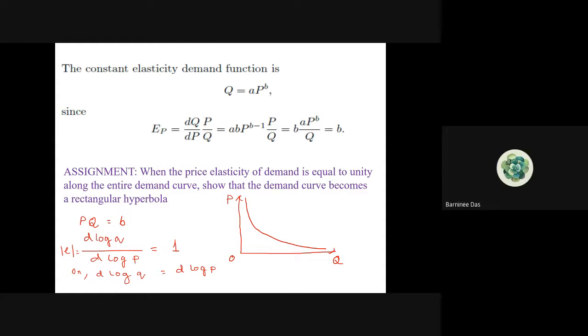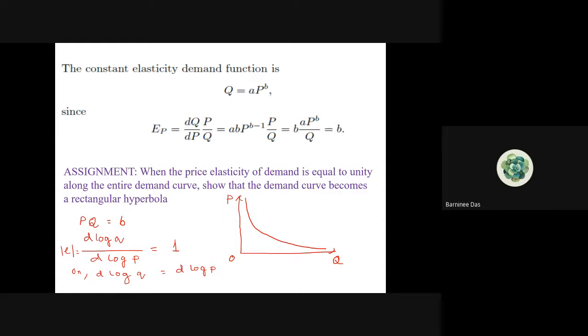Log Q will be equal to log P. And won't that be minus 1, since I'm considering the modulus value of elasticity? So we can proceed like this and later we can adjust the minus sign as well. No problem.